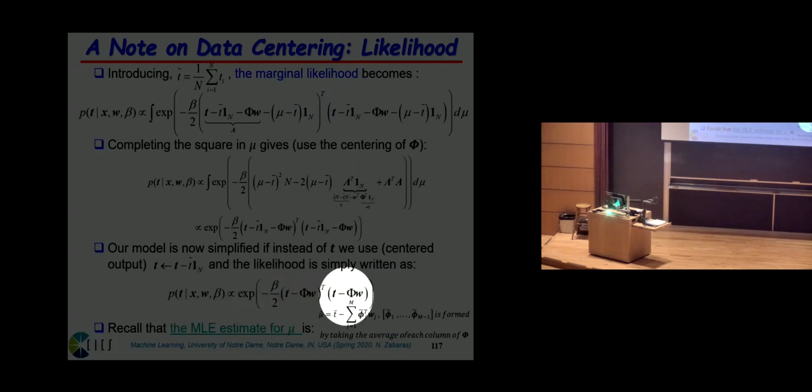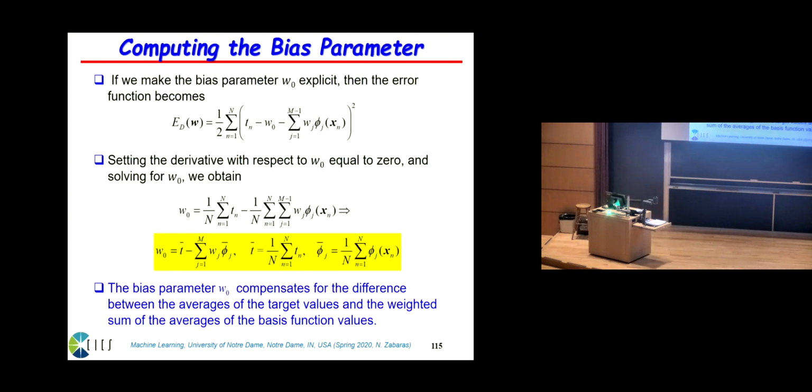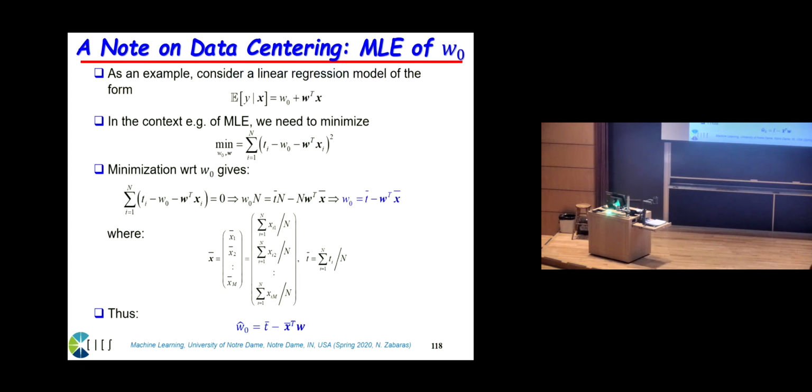And then when you finish computing this W, you can go back and compute W0 by minimizing the error function with respect to W0. And I have a trivial version of this, just in case you find this algebra with a uniform distribution on W0 messy. Here is a trivial problem.